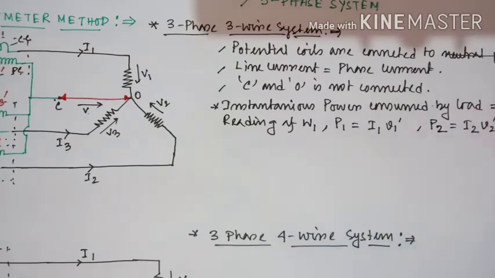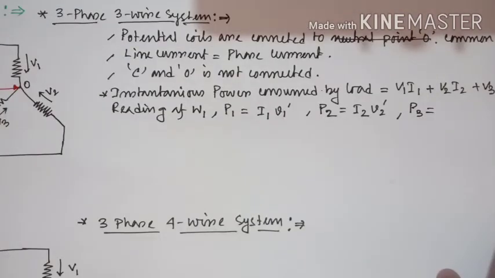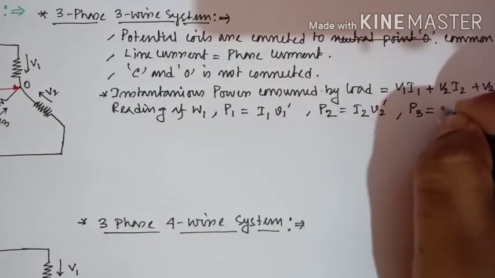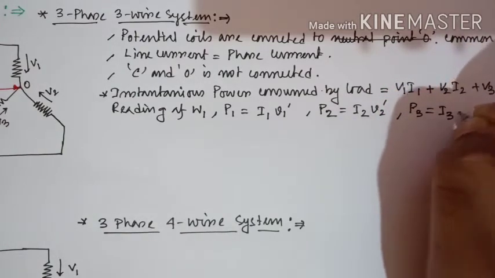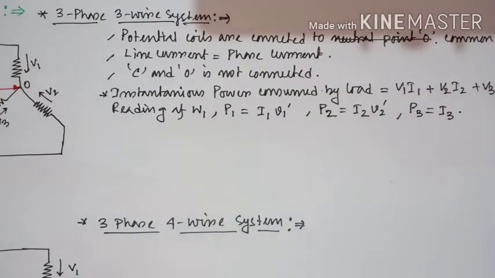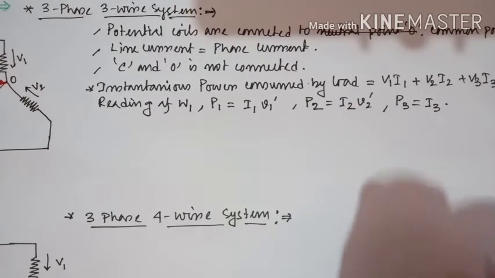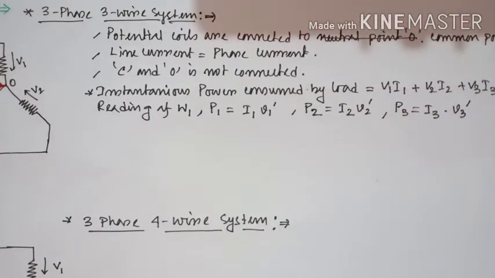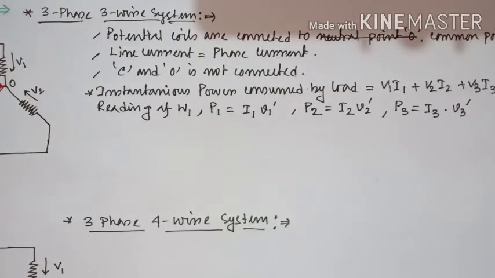Similarly, for wattmeter W3, the power sensed is the current flowing through the current coil, that is I3, and the potential difference sensed by the potential coil, V3 prime. Now what is the relation between V prime, V and these phase voltages?